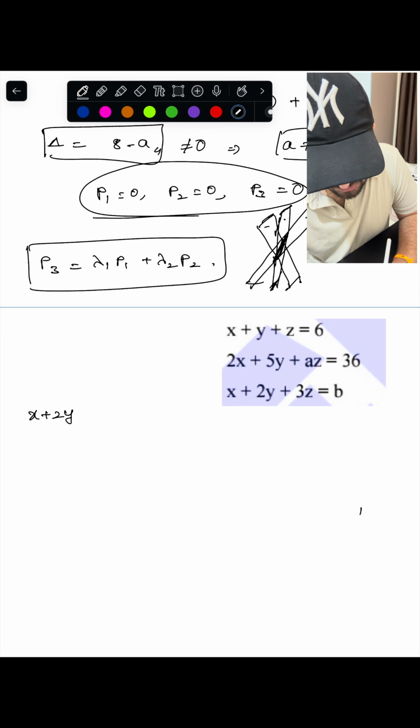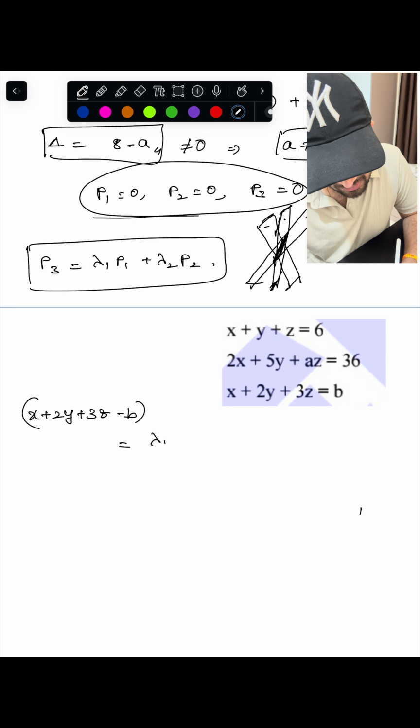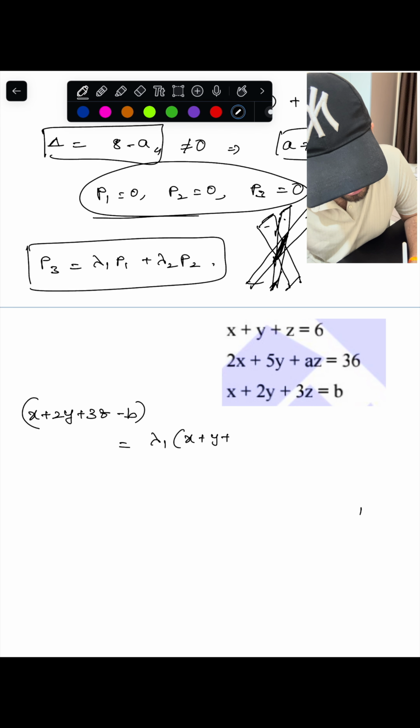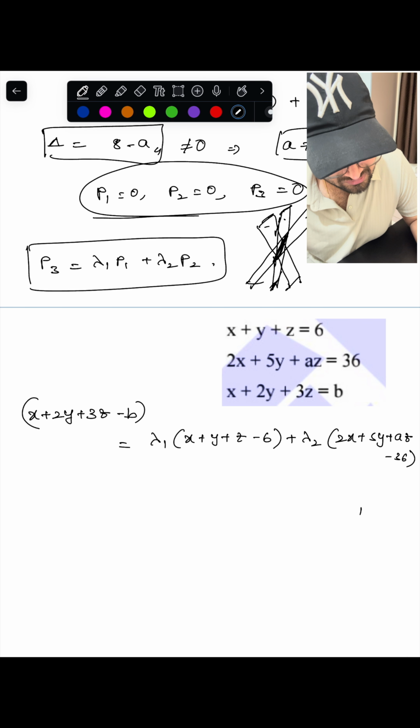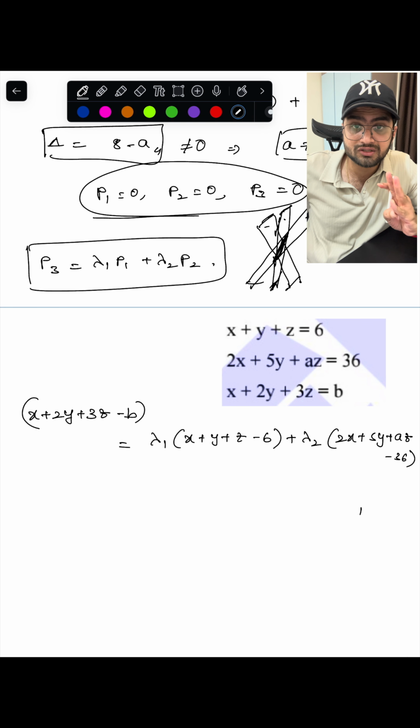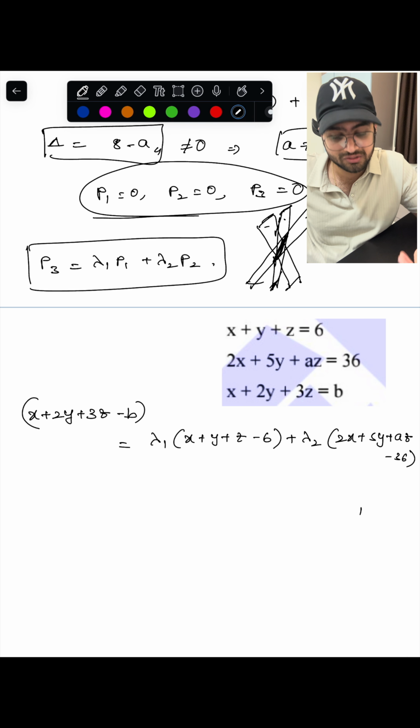So x plus 2y plus 3z minus b equals lambda 1 times (x plus y plus z minus 6) plus lambda 2 times (2x plus 5y plus az minus 36). All you need to do is compare the x coefficient, y coefficient, z coefficient and constant term.